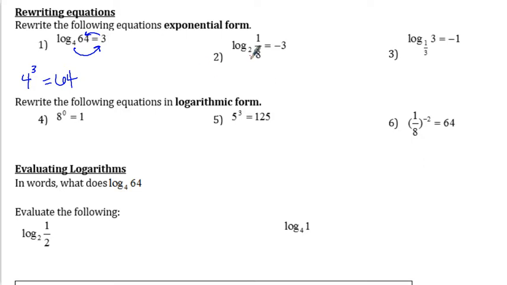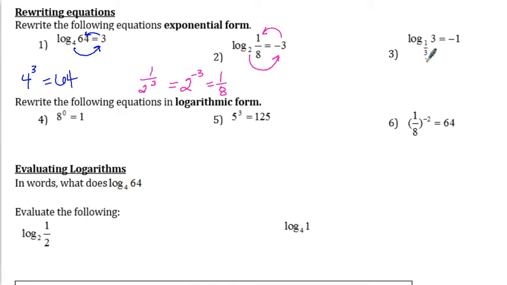Similarly, we take this base of 2 raised to the negative 3 power is 1/8. And we know that's true because 2 to the negative 3 power, that just means 1 over 2 to the 3 power, right? So that's why that's 1/8.